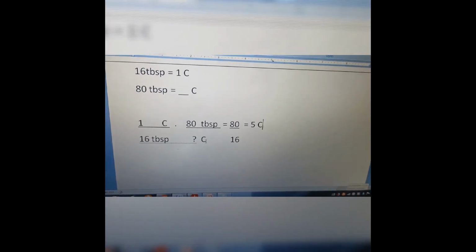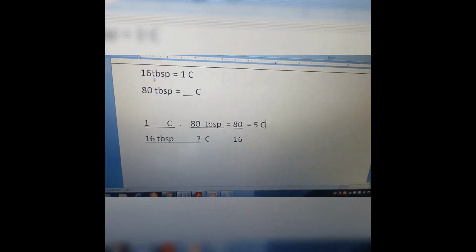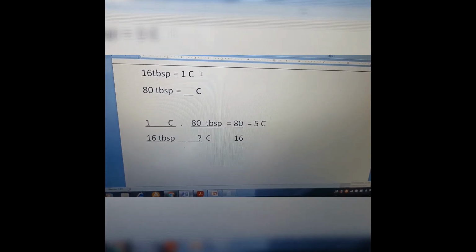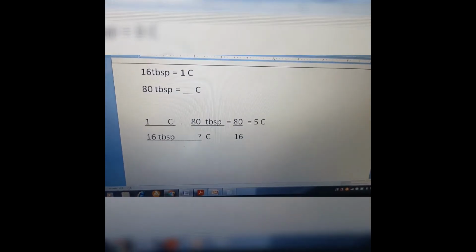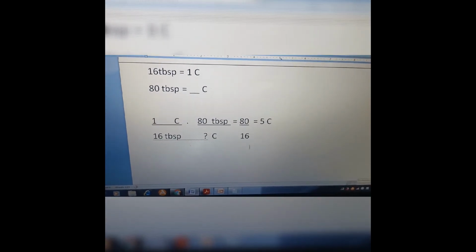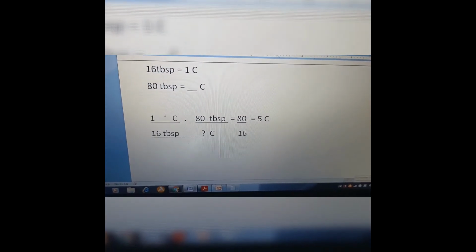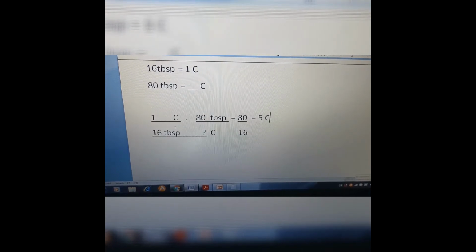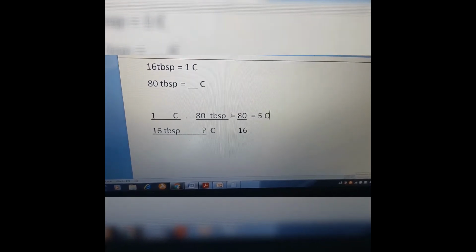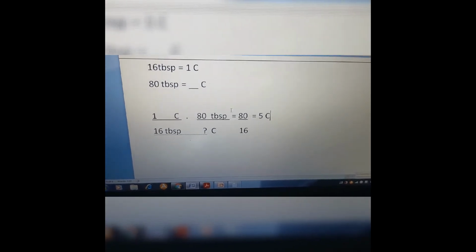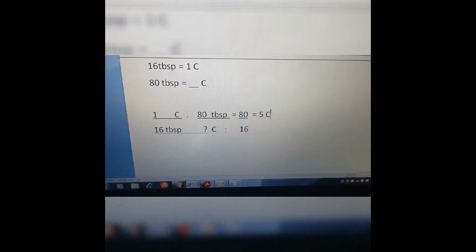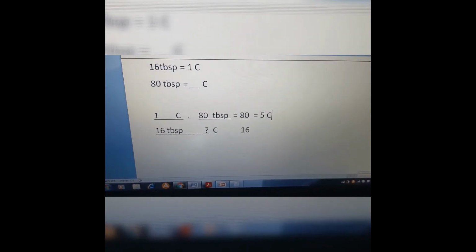Then we find the direct equivalent, which is 16 tablespoons is equivalent to 1 cup. Now let's calculate. You can put it this way also, as long as the tablespoon is over here and another tablespoon is up there, so that we can cancel it and the cup remains, which is what we're looking for.